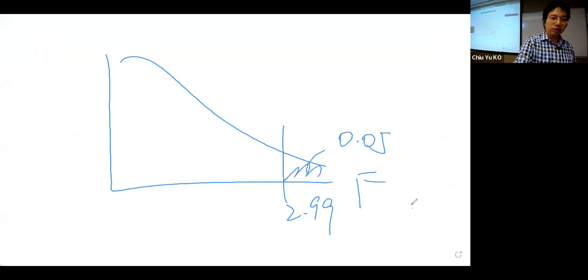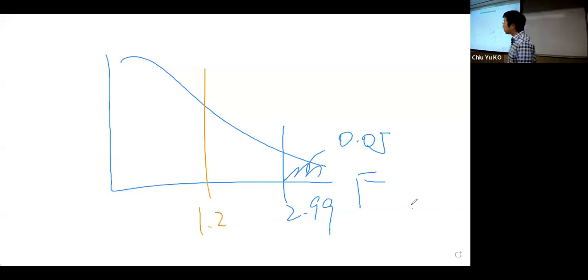And what you get is 1 point something, I forgot exactly, but it's not in this region, so you don't reject. Remember the null hypothesis is that they have the same mean: mu1 equals mu2 equals mu3 equals mu4 equals mu5.